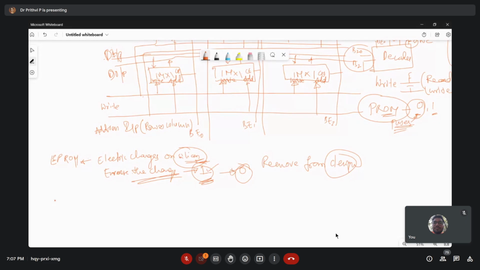So instead, what we have is EEPROM, electrically erasable, programmable, read-only memory. That means you can directly store the data of either 1 or 0 without removing it physically from the design. A sequence of 5 volts will be given to the program.